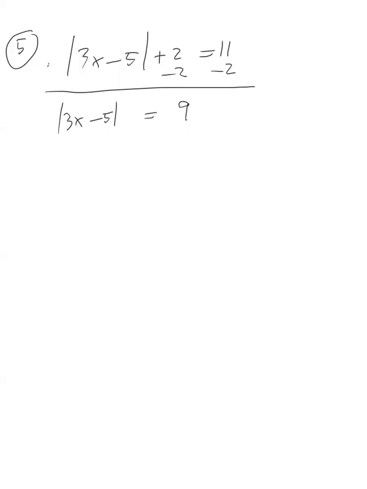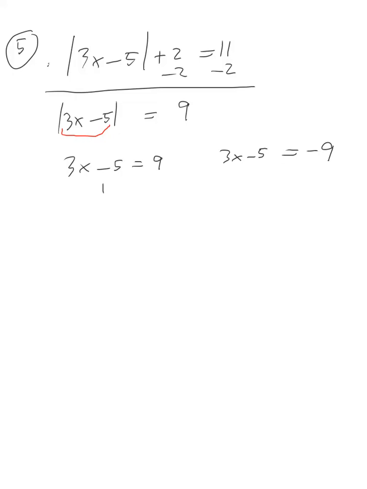And the way to find the solution is once again to look at what's inside. So what's inside of an absolute value, if it equals a number on the other side that's not negative, could equal either a positive or a negative value of that value. So 3x minus 5 equals either 9 or 3x minus 5 equals negative 9.